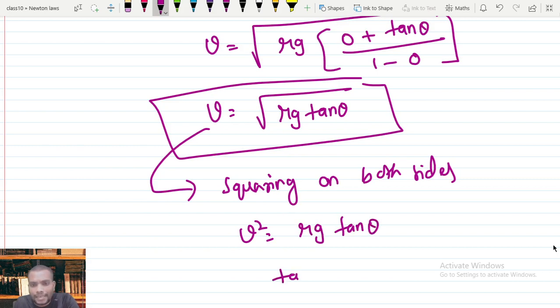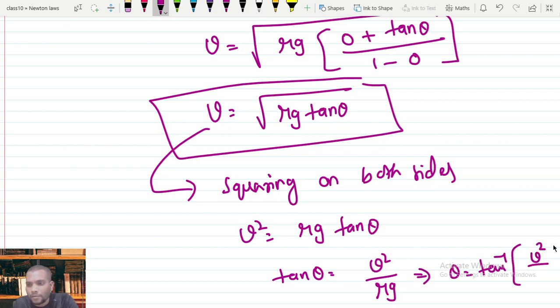So we get tan theta equals v square upon rg, that implies theta equals tan inverse v square upon rg. The same expression we got in the above two cases also. So the minimum angle of banking theta for minimum wear and tear of tires is tan inverse v square upon rg.